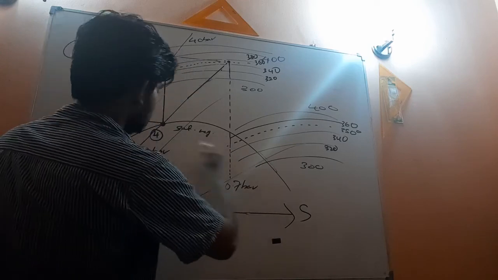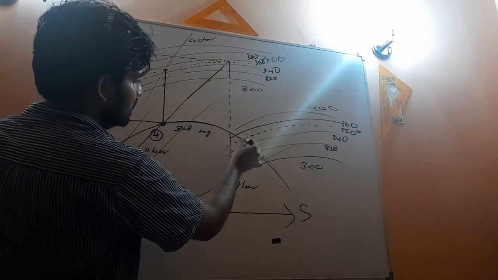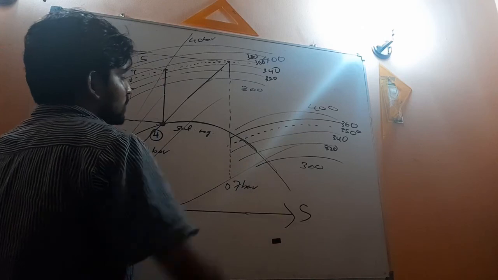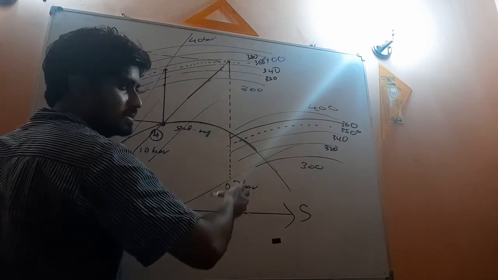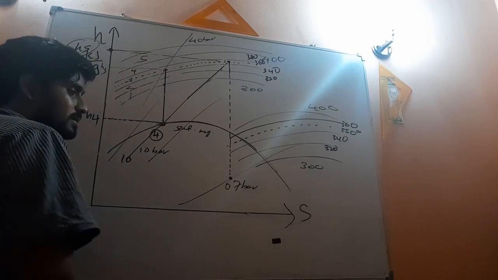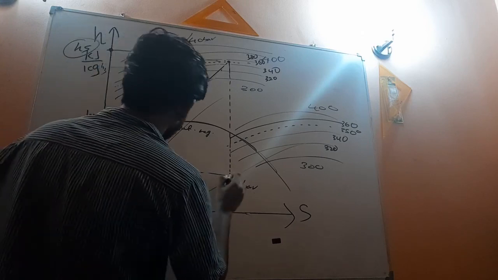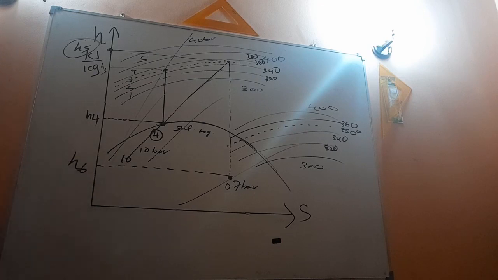This is the saturated line. So you extend this point vertically downwards until it intersects with the 0.7 bar line. This intersection point you again project horizontally to the y-axis. Then you would be getting H6. That's it.